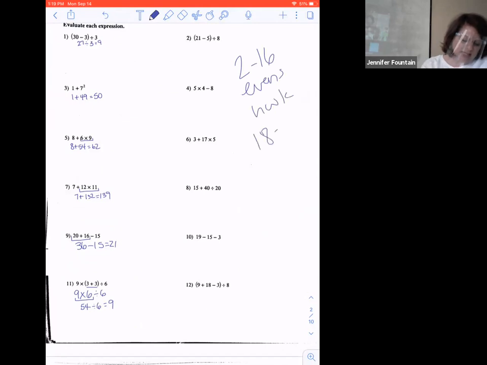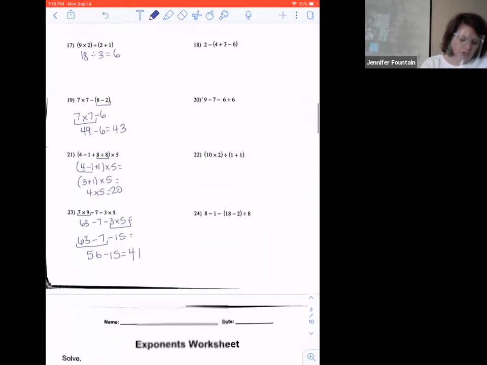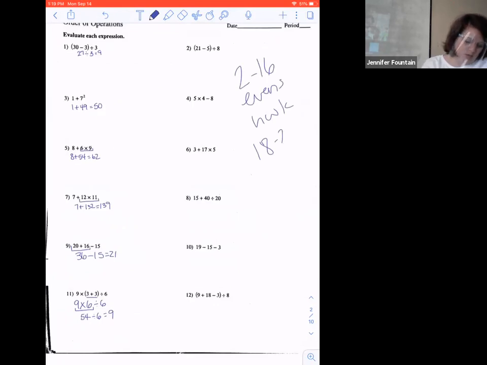And then 18 through 24 will be bonus. And remember that with the bonus, you can do some, all, or none.